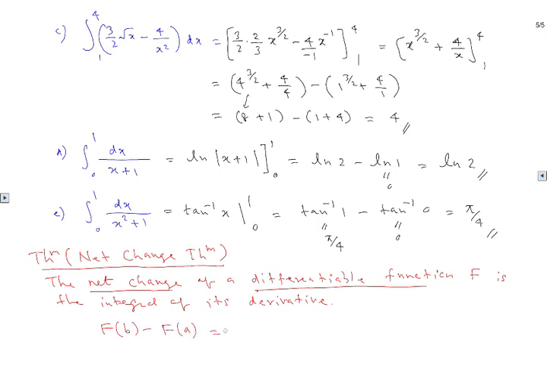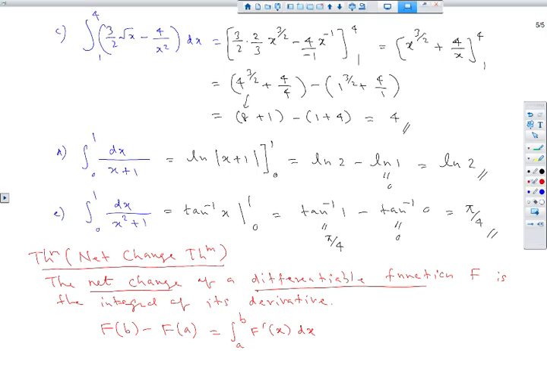What is the total change? It is simply the integral from a to b of f prime of x dx. If you integrate the derivative, you should get the function back. So that's a simple idea.